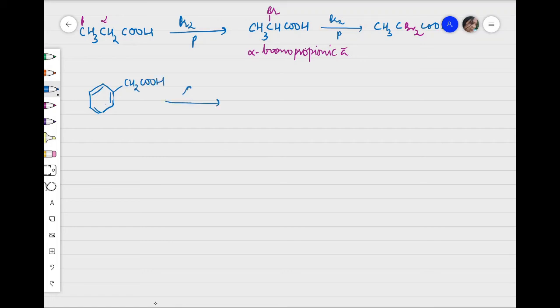Here if it undergoes chlorination in presence of phosphorus, I will get alpha position idana. So here you will see there will be Cl, C, O, H, okay. This is how the reaction goes by.